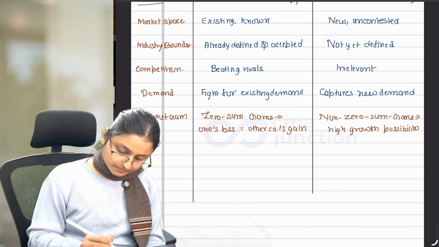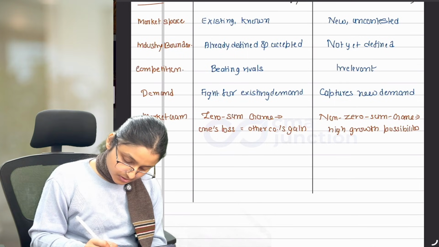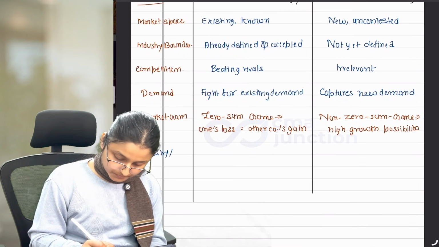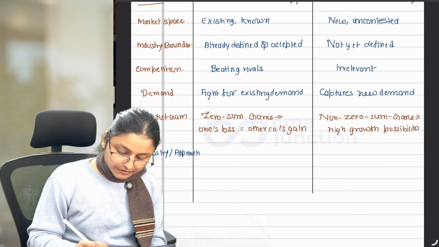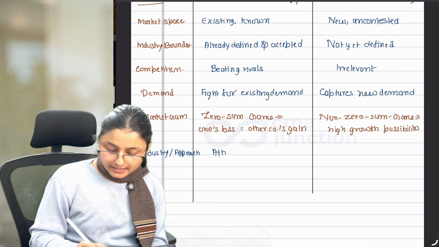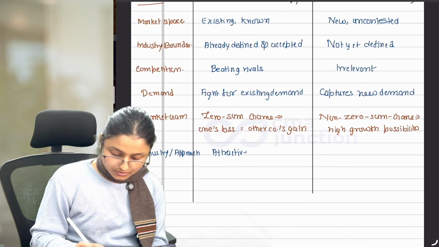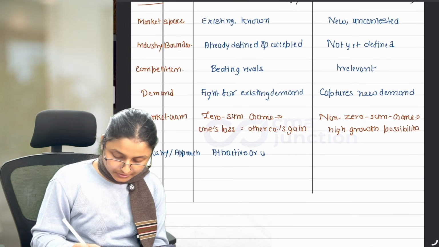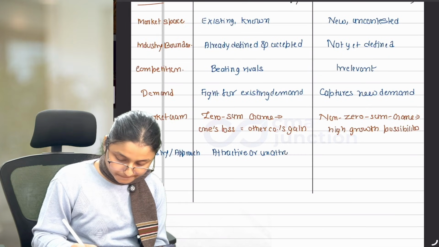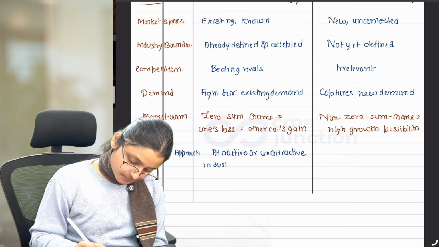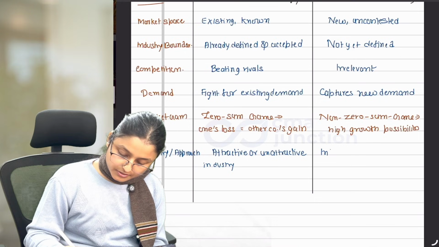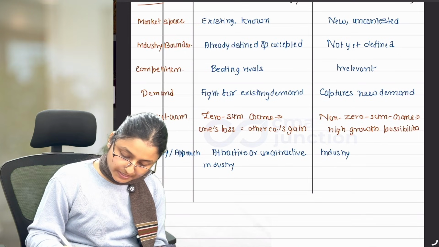Next, industry or approach to growth. Here we define industries as attractive or unattractive industry. Here industry is reshaped by innovation.